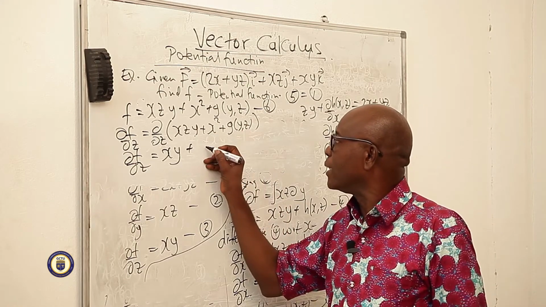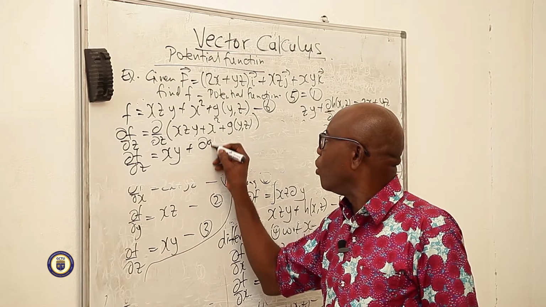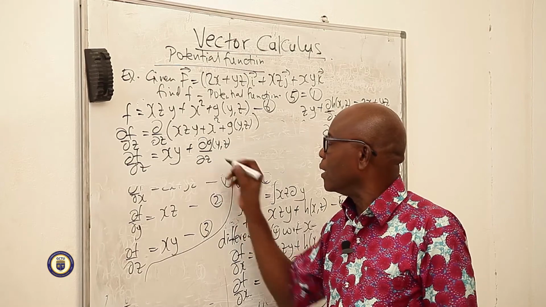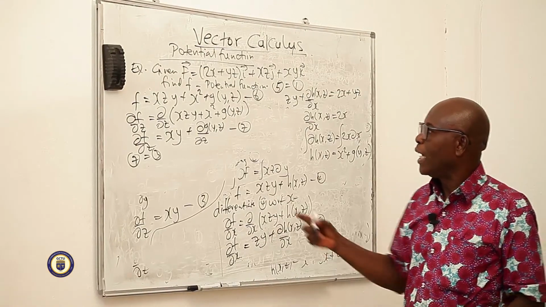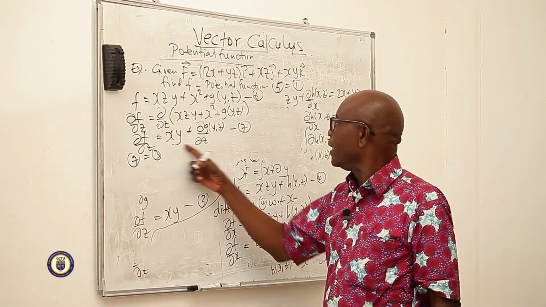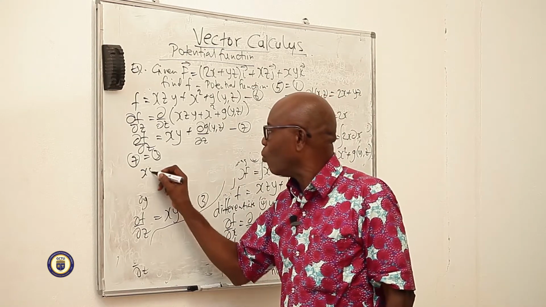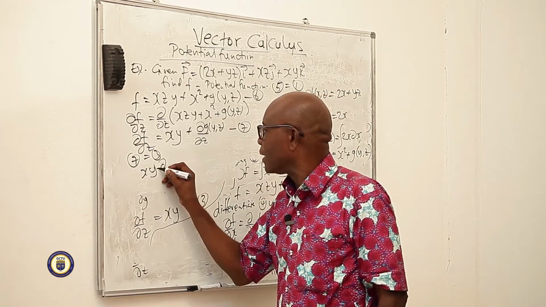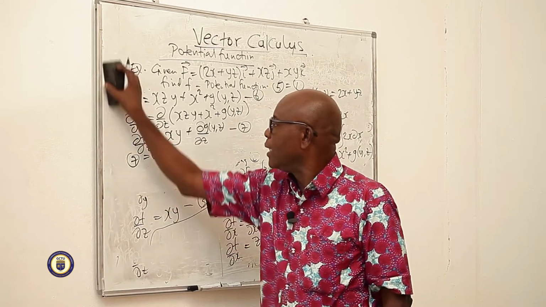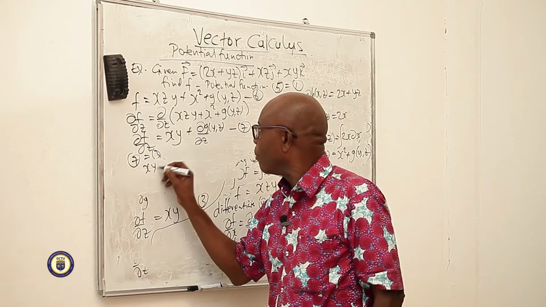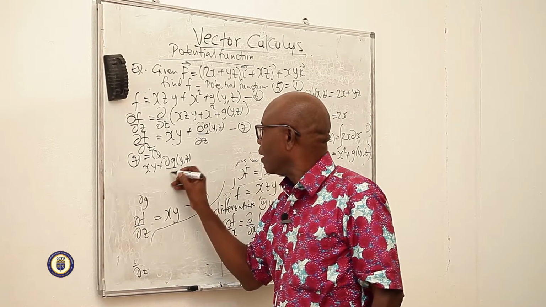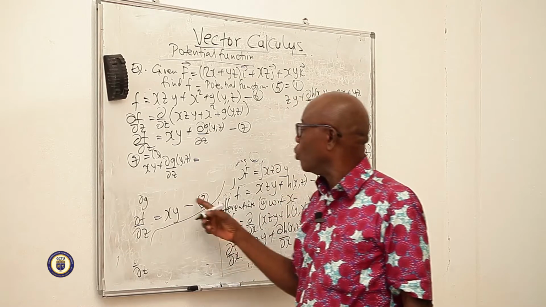Plus we differentiate g of y and z with respect to z. So if we equate 7 and 3, 7 gives us xy plus partial g of y, z, partial z should be equal to 3.